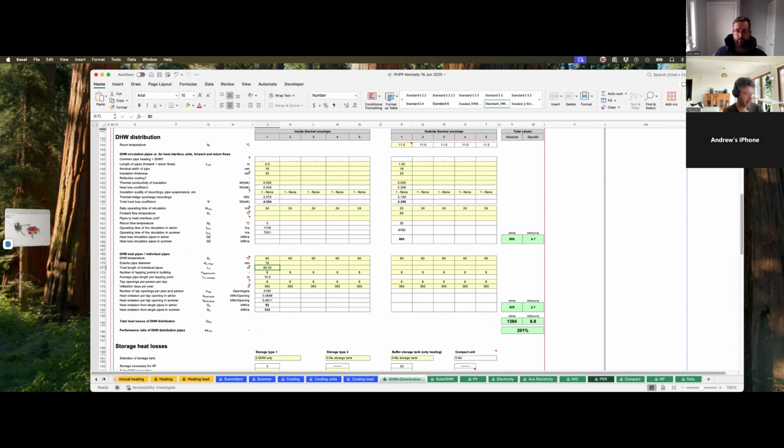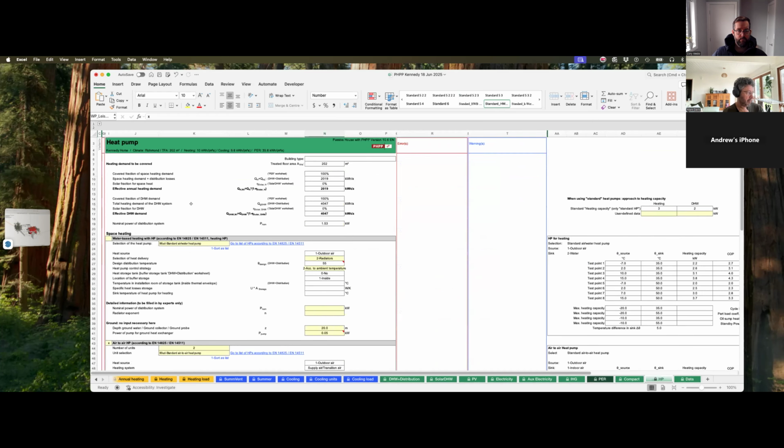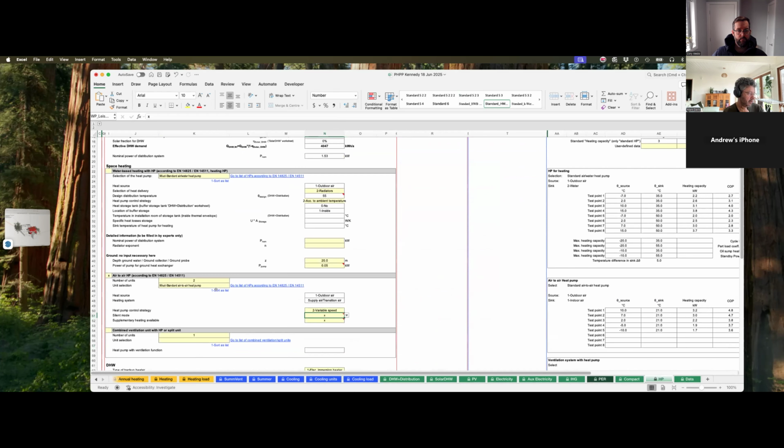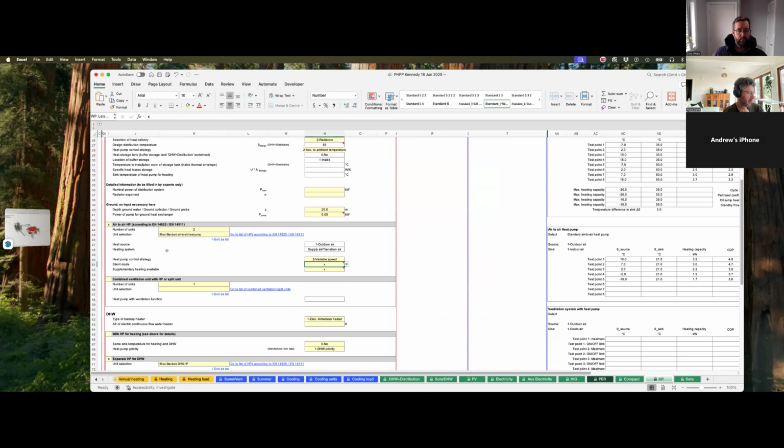So I'll jump ahead here. This is our heat pump tab, since we always use heat pumps in passive houses, almost always. I've just used the default for the air conditioning unit.